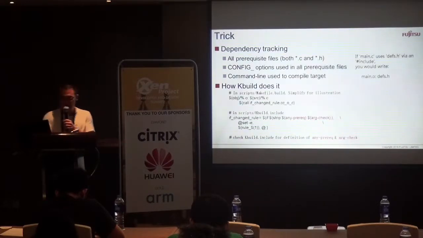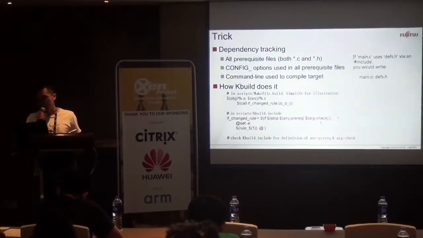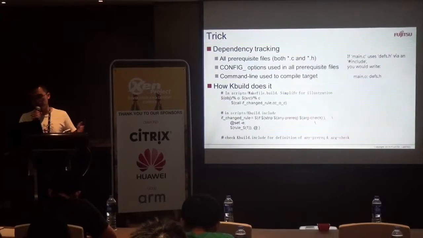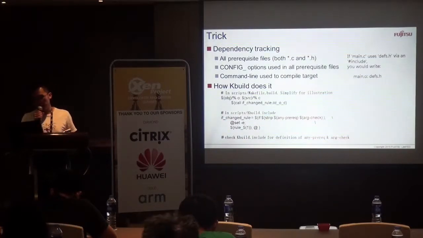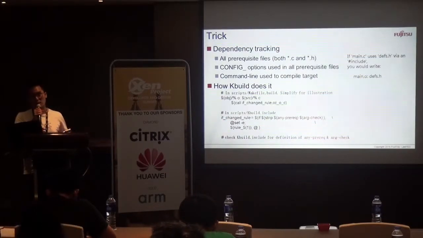Another thing worth mentioning is dependency tracking. Linux kernel Kbuild tracks several dependencies. The first one is the most common one, which I call the inter-file dependency. The second one is the configuration dependency, which I already mentioned a little in the previous slides.